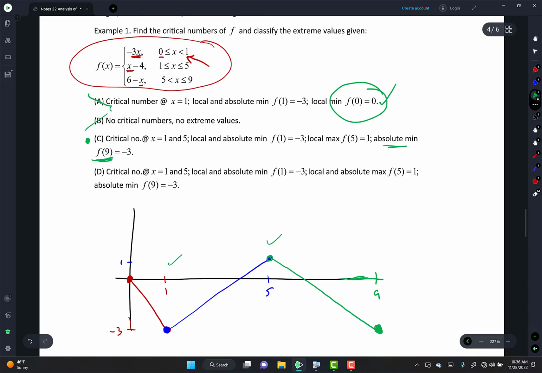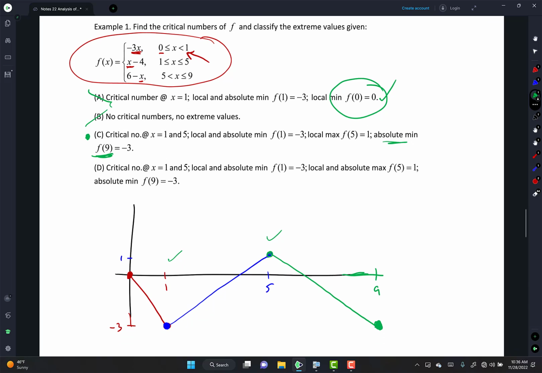Letter D, let's see what letter D says. Critical numbers at x equals 1, 5. Local and absolute min f(1) = -3. That's true. Local and absolute max f(5) = 1. Absolute min f(9) = -3. How do C and D differ? D says that it's absolute and local for the max. For the max, it says it's local and absolute.